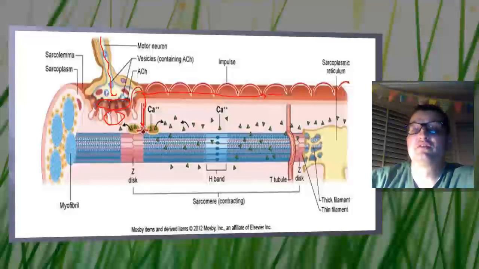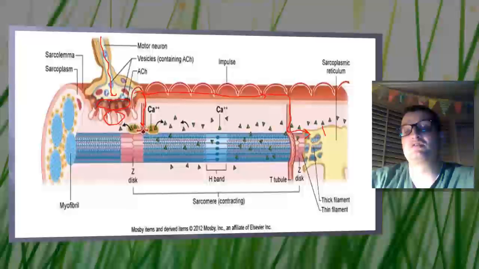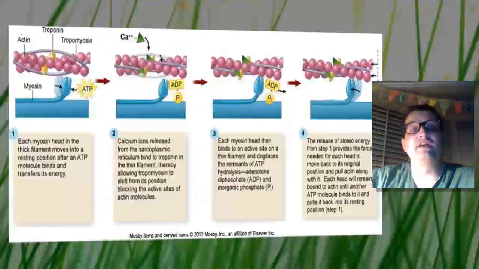So if the impulse comes down here, it's then going to work on the endoplasmic reticulum, which then secretes calcium ions. And the calcium ions then work on the myosin heads to allow muscle contraction, and we're going to show that here in this slide.